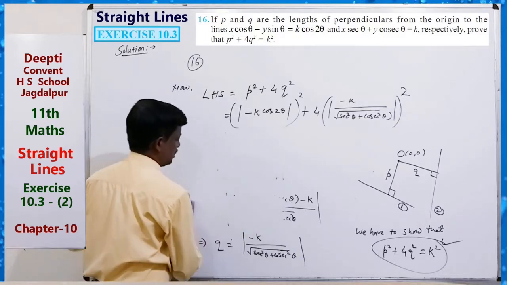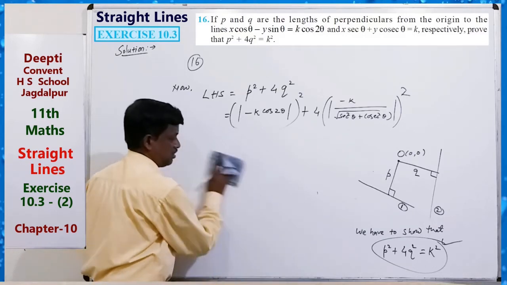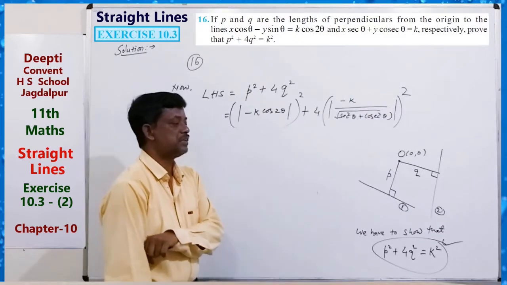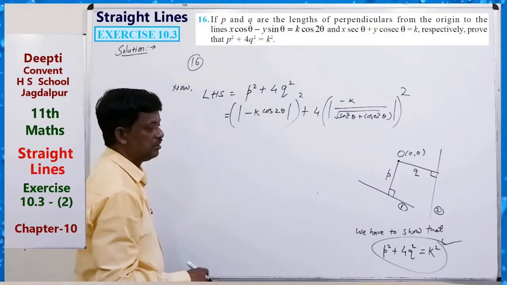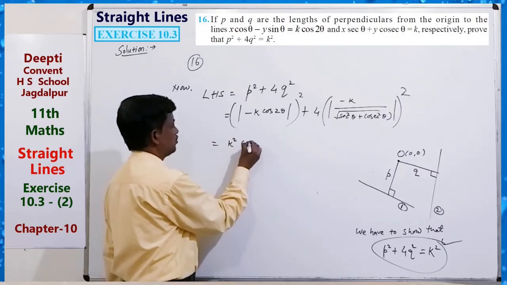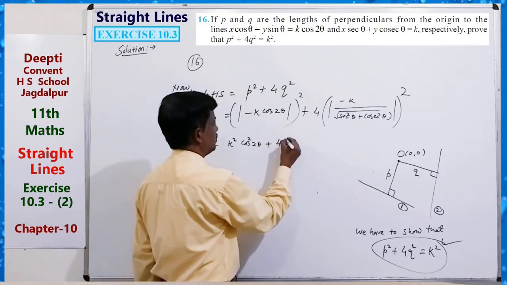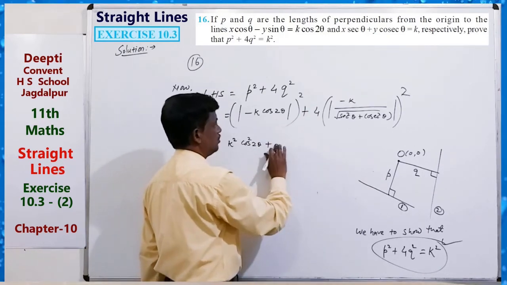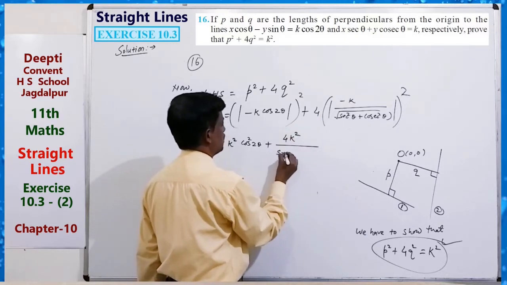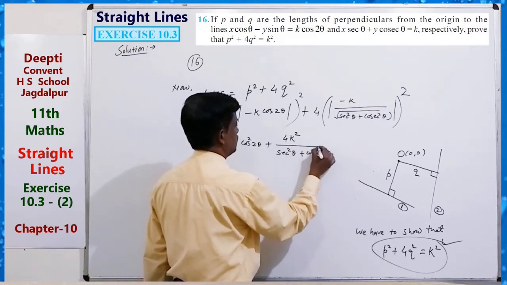Use the trigonometric relation, and you will see that you will get K square. So very simple. K square cos square 2 theta plus 4 of K square upon sec square theta plus cosec square theta.